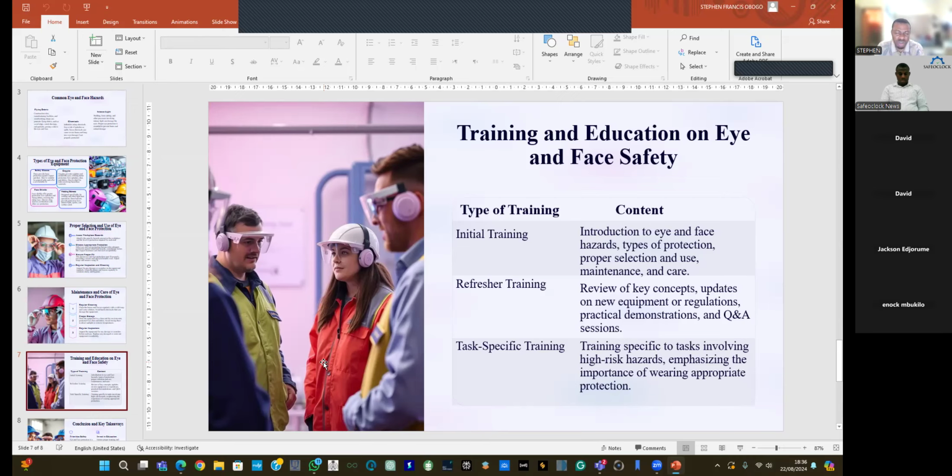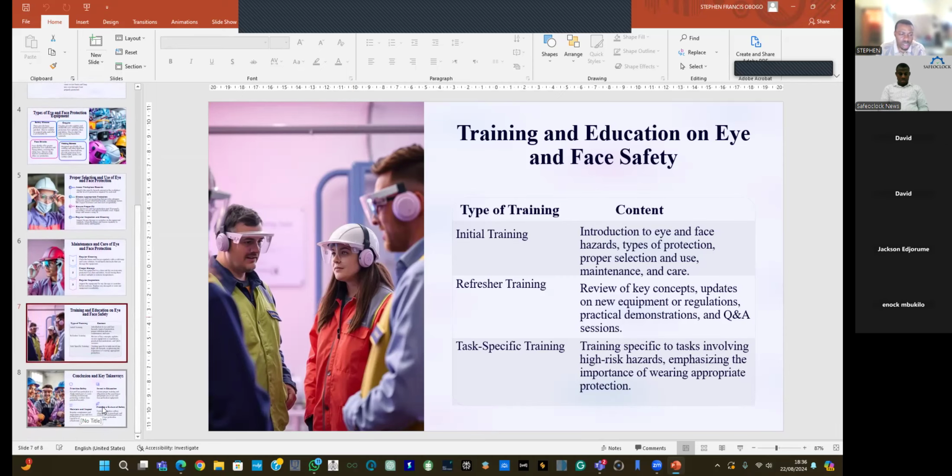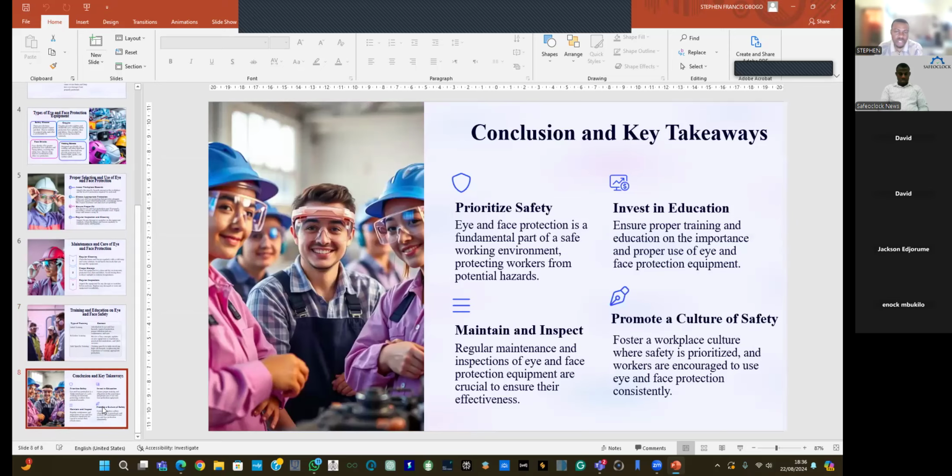So in such activity, there are some specific task trainings that need to be conducted in order to create proper awareness for the workers, so they get a better understanding, because education is very important.